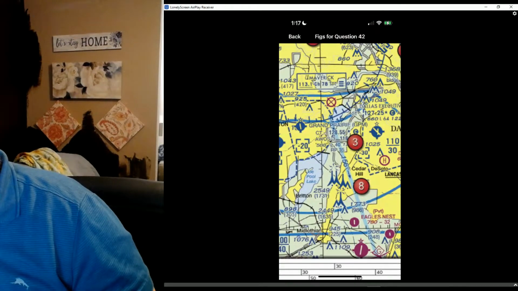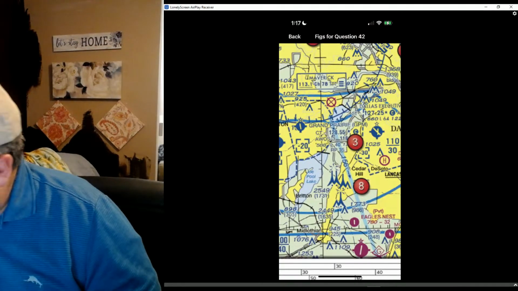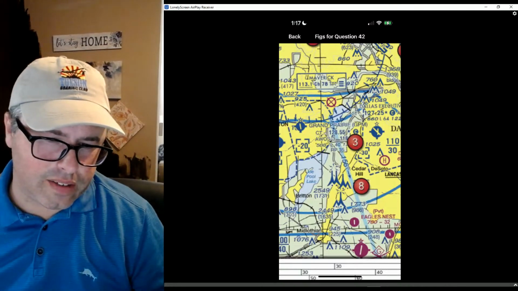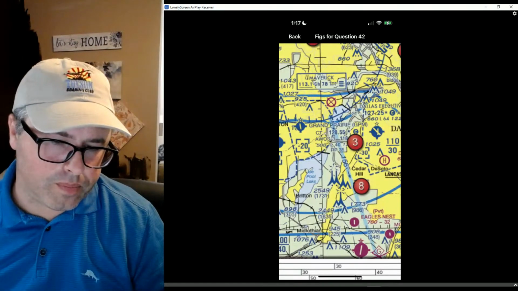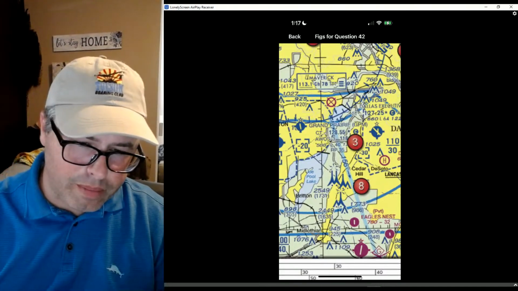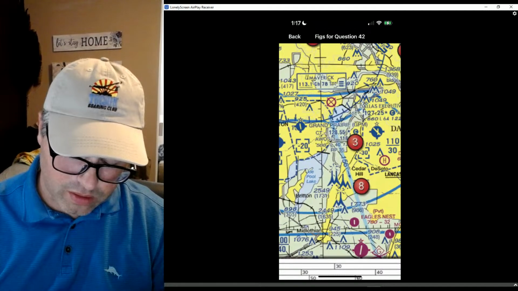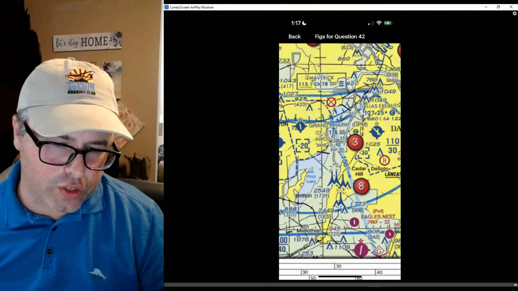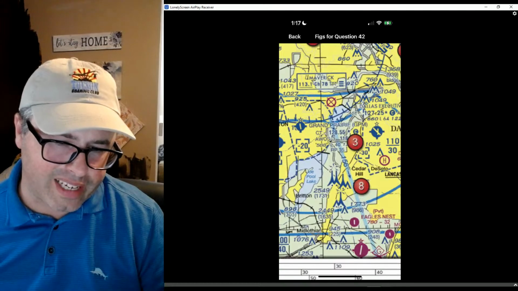Area 8, Cedar Hill. Okay. So we got some towers here at 2,549 MSL. We got some more below it at 2,449. So you want to pick the highest of these.